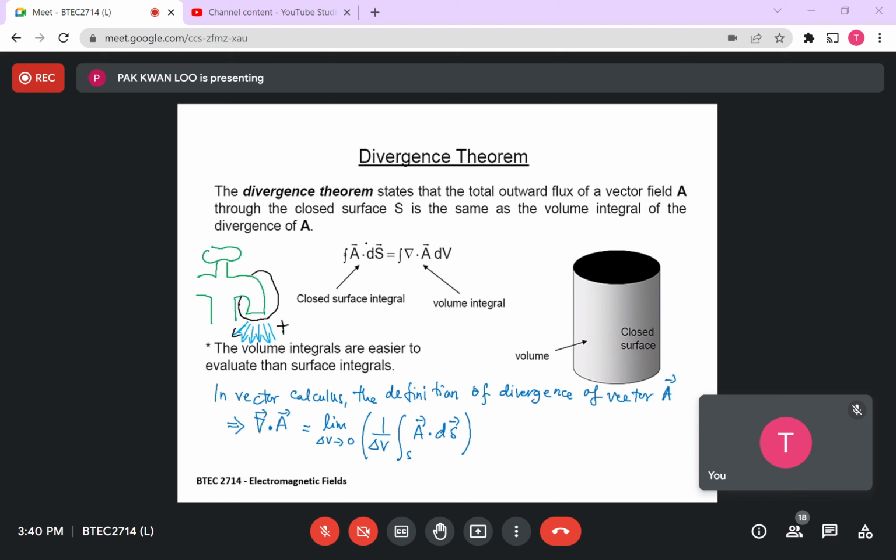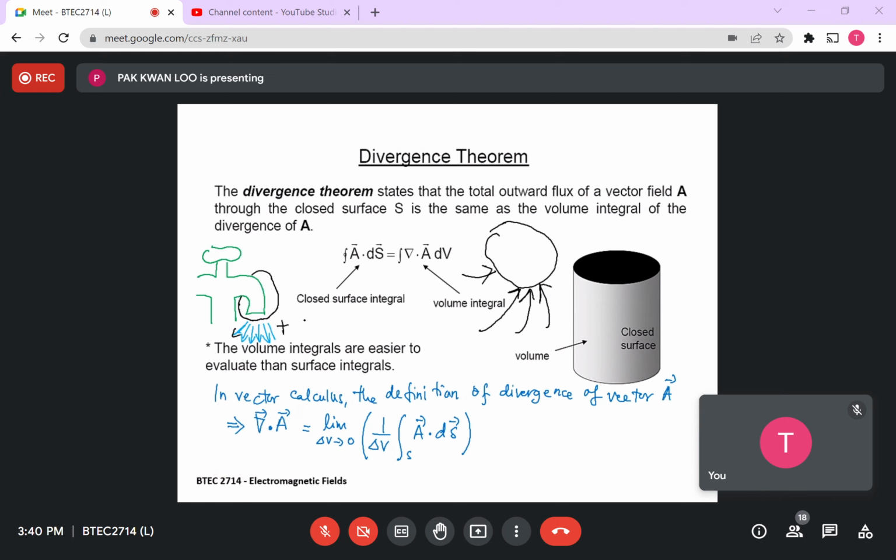And what if you have a closed surface like this and nothing comes out, only goes in? Nothing comes out, only goes in.